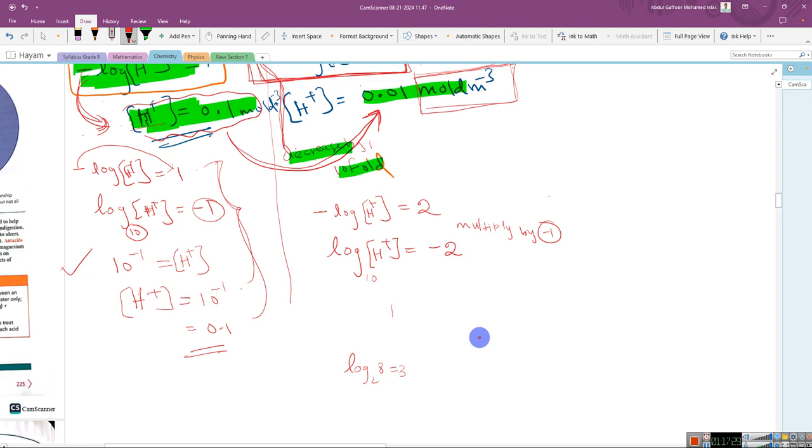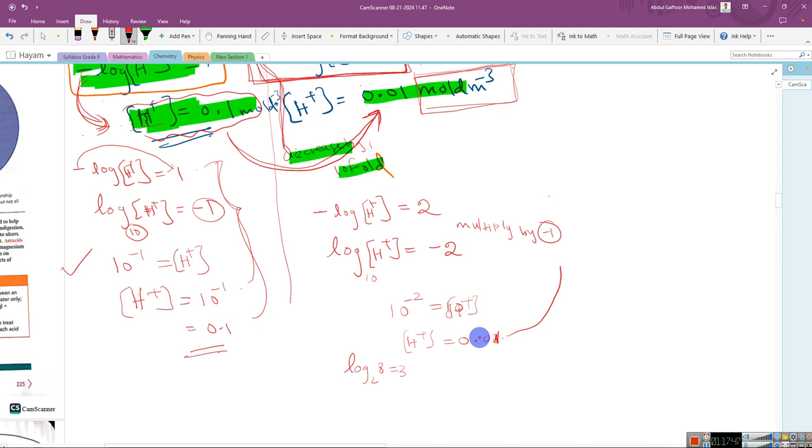So I can write 10 to the power minus 2 is equal to H plus concentration. So H plus concentration is 0.01. 10 to the power minus 2 means 0.01, right?